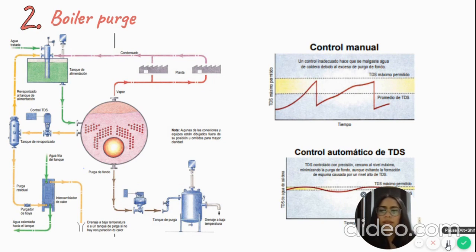It's recommended to use automatic control since less water, fuel, and chemicals are required. Less maintenance, therefore less repair cost. It requires less supervision. In addition, it improves plant efficiency and heat recovery.